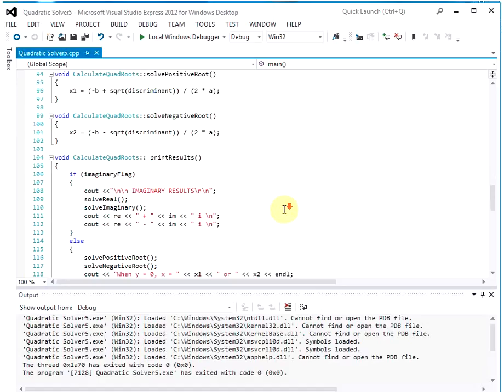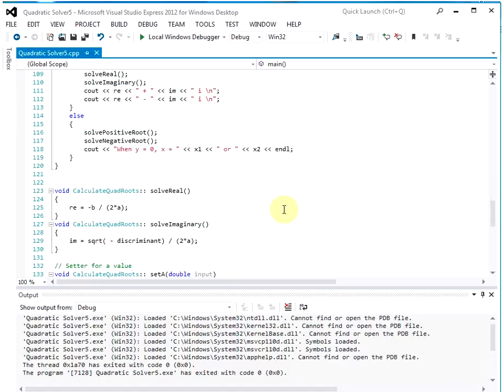And then I have, let me just jump back here, calculate roots, solve real. So I calculate the real part, and I calculate the imaginary part. Depending upon which way that flag is set, I use one set of these or the other, and you'll see that in the print.